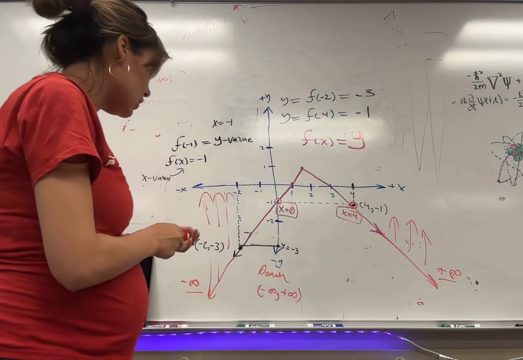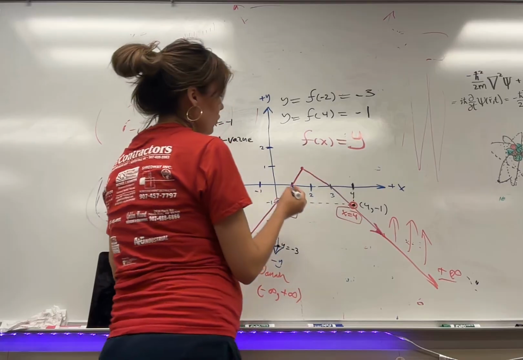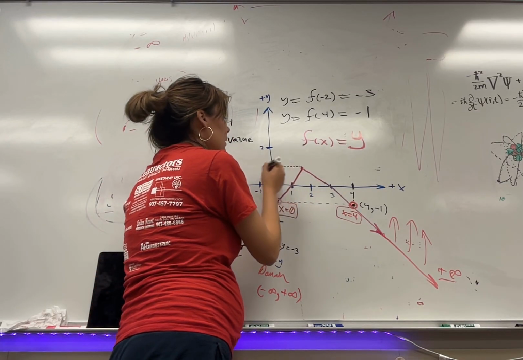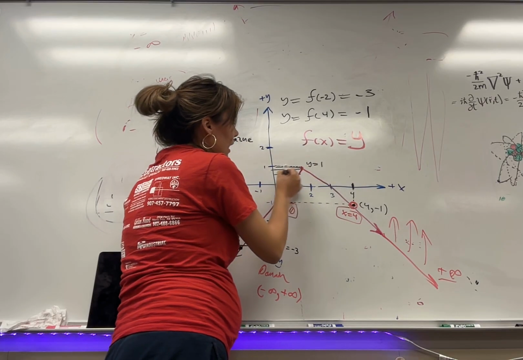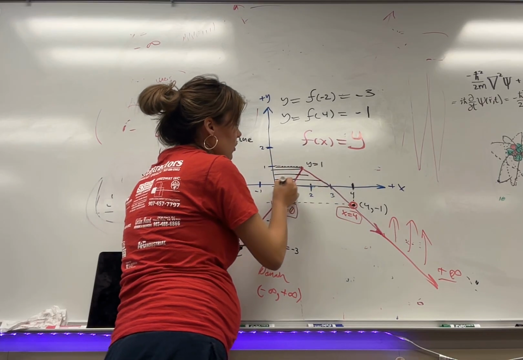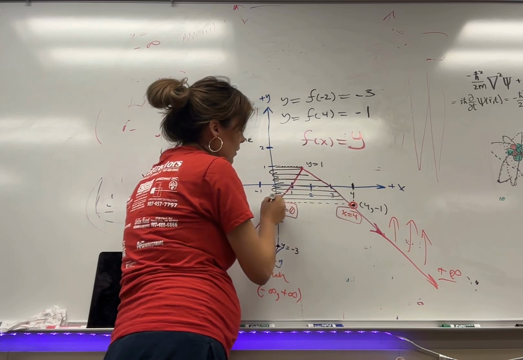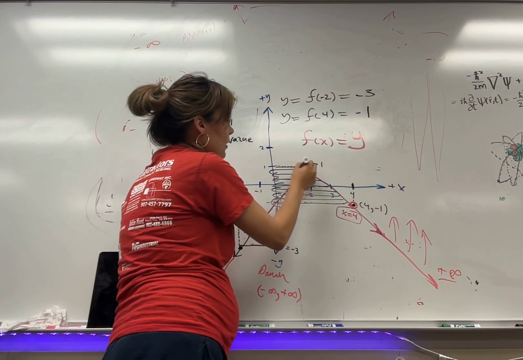Okay, what about the range? Again, the range refers to the y values that you're allowed. And as we can see, our largest y value that we ever get is y equals 1, meaning if we were to ask at any point on this function, what is the highest value our y could be? Well, it's positive 1 here, as you can see.